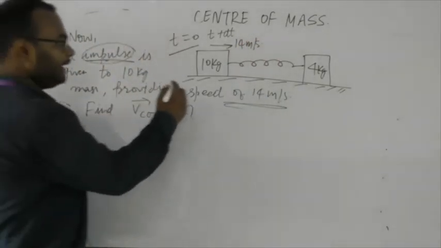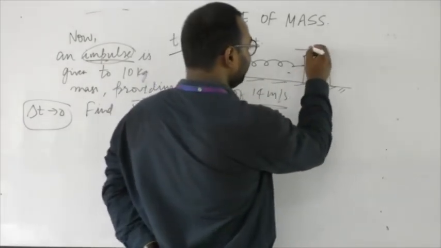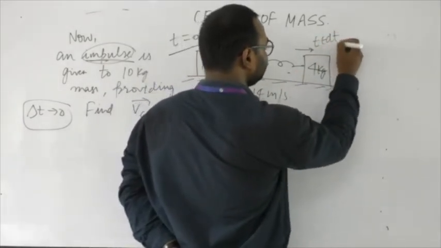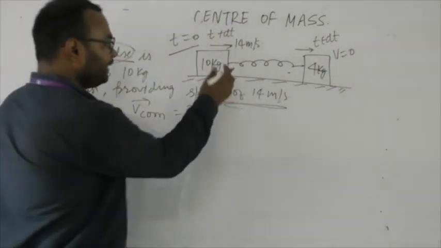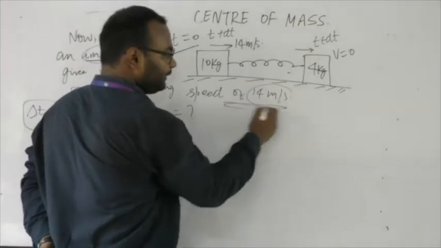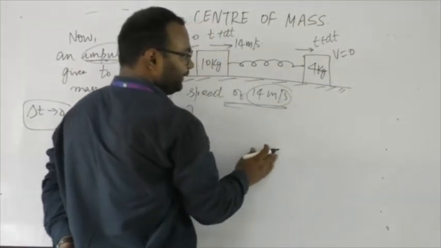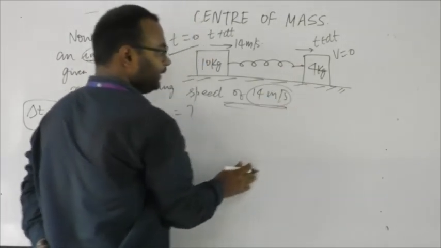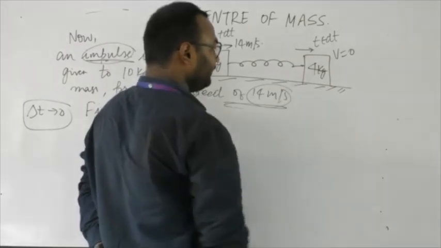But because of the spring, this 4 kg will be at rest. Just after this block gets the speed of 14 meter per second, that block will be at rest because of the nature of a spring. It will take some time. This will go and compress beyond the mean position, then they will start moving together.